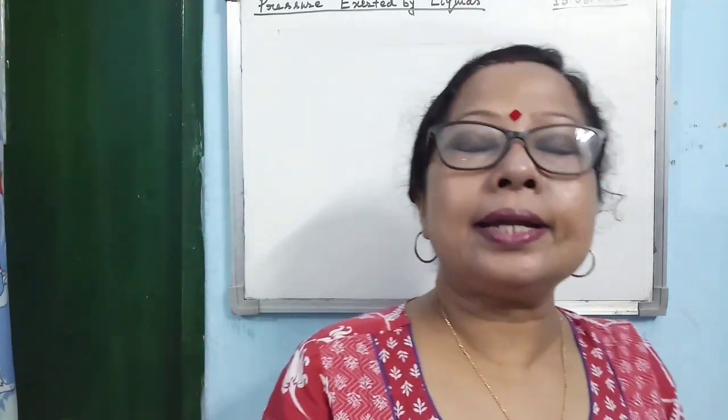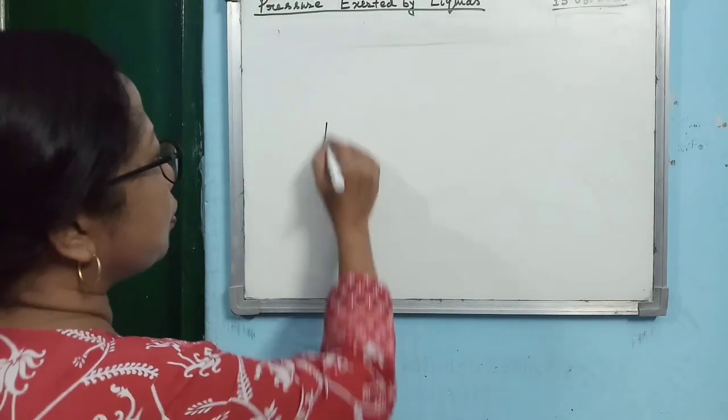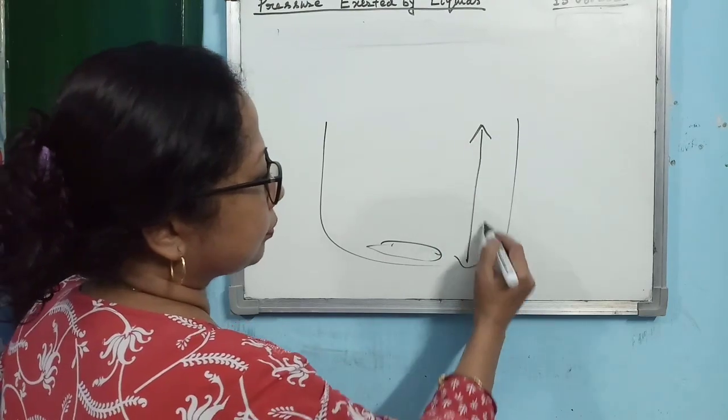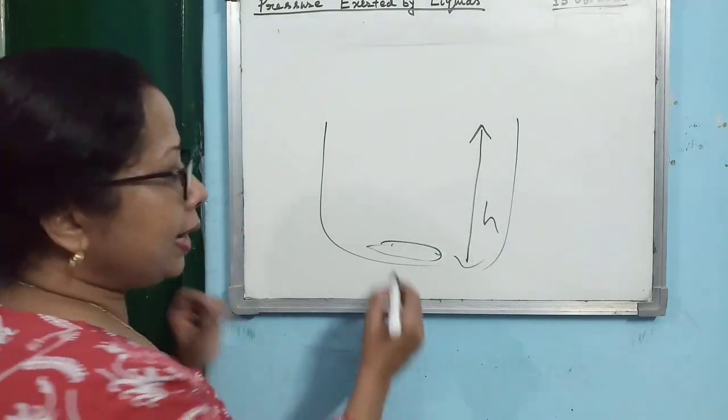Another example or effect of liquid pressure: you know that in the deep sea and ocean, certain aquatic animals, mainly fishes, are there. Suppose a fish is at a depth. Then what is happening?